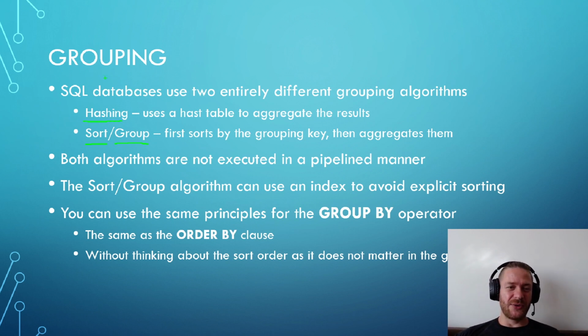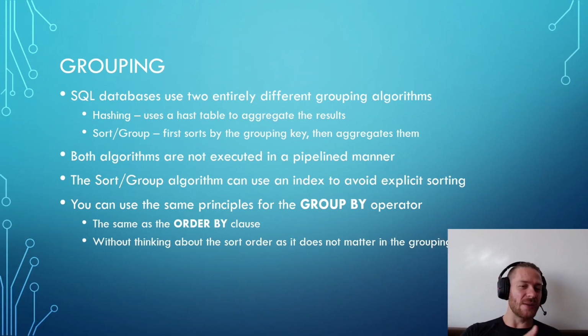So what we can do is we can improve the algorithm if it's a sort group algorithm. The same way we can improve an order by clause. Consider that a group by clause can be improved the same way as an order by clause.